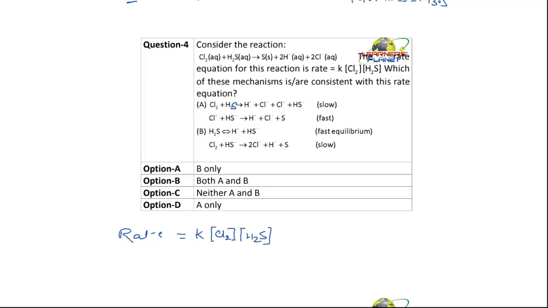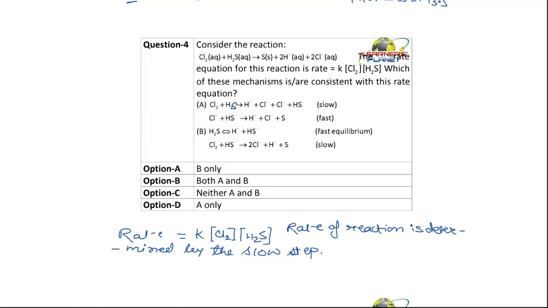Now here, now see, what is in the slow step? Now the rate of a reaction is determined by the slow step. Now check out for this.